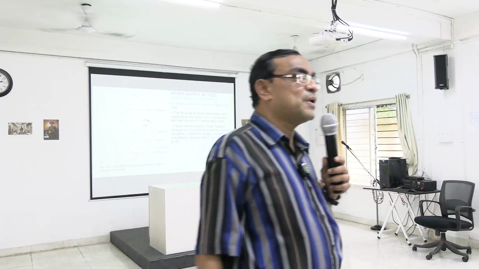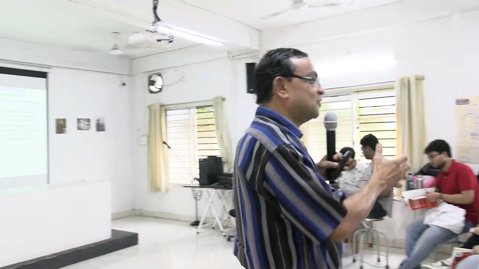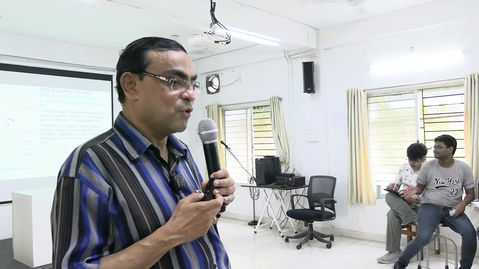Okay. Now the nerve supply of the face. What we can see is the hand. Hand has so many fingers. So fingers represent the different branches. The face is supplied by the facial nerve.